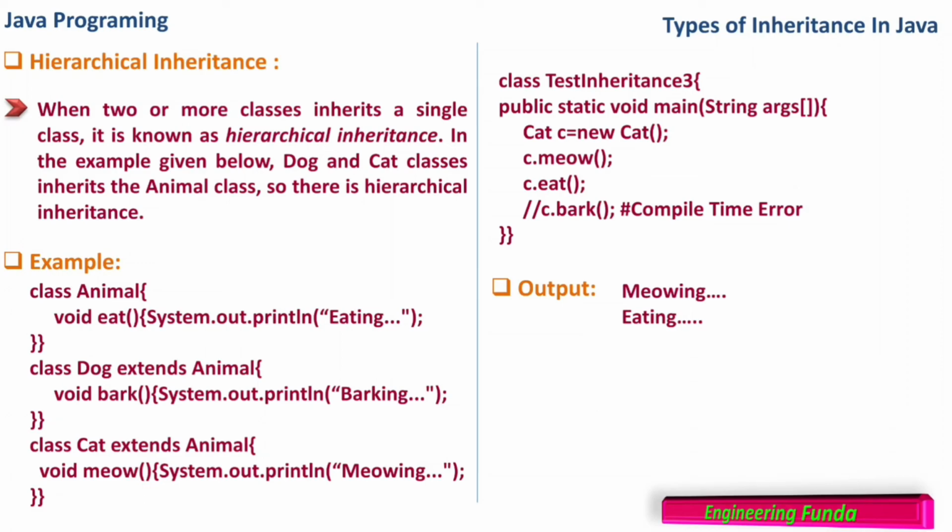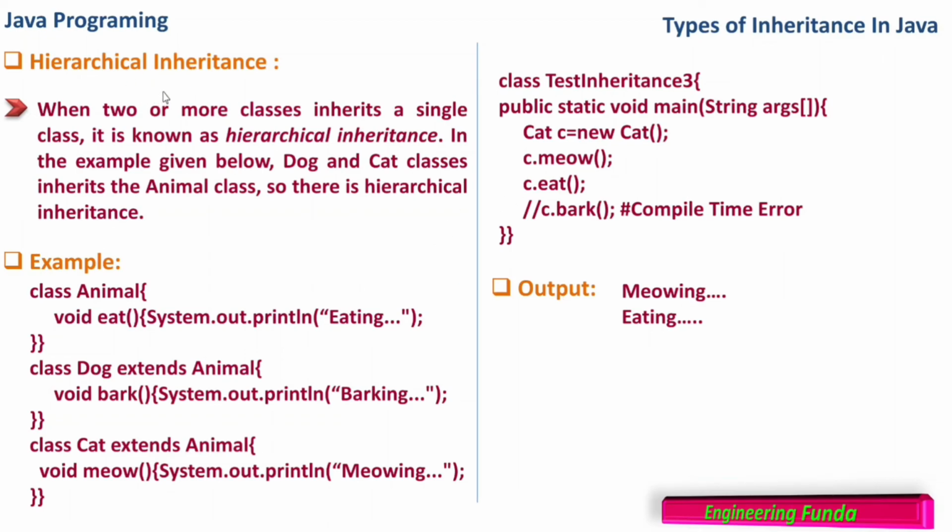The question can be whether multiple inheritance is possible in Java programming or not. So if we talk about classes, then multiple inheritance, that means one class extending more than one class, is not possible in Java. Okay, so a class extending more than one class is not possible in Java.